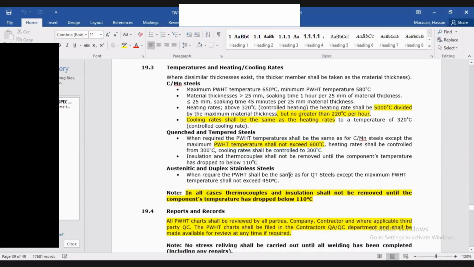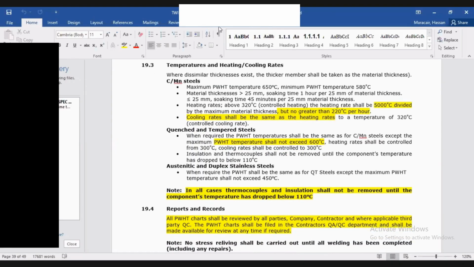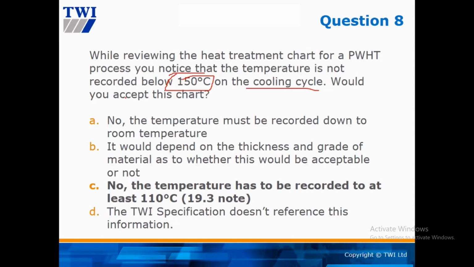All right, here it's very clear, mentioned in the spec. In all cases, thermocouple and insulation shall not be removed until component temperature drop below 110 degrees C. So back to questions. All right, the best answer goes to Charlie, because it's very clear mentioned here, 110.